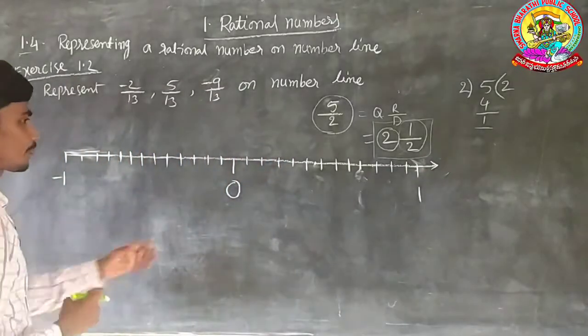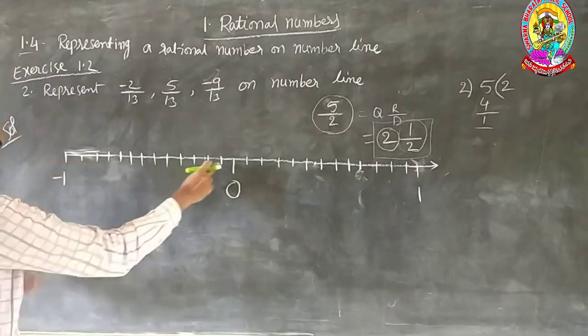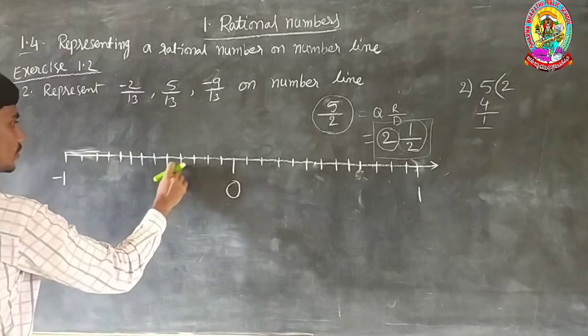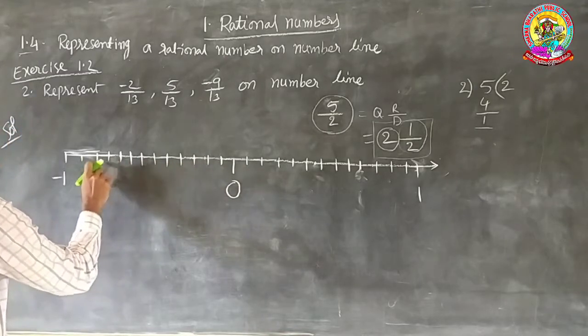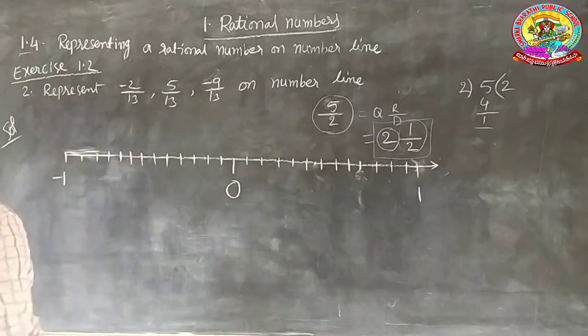Which means the space between 0 and 1 is divided into 13 fragments: 1, 2, 3, 4, 5, 6, 7, 8, 9, 10, 11, 12, 13, which means 13 by 13 is 1.